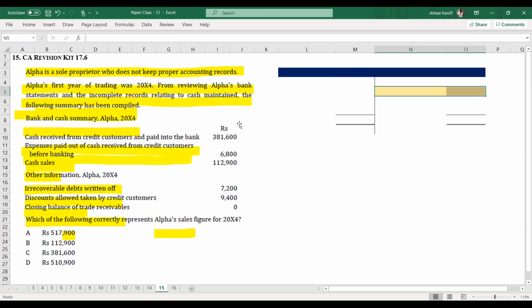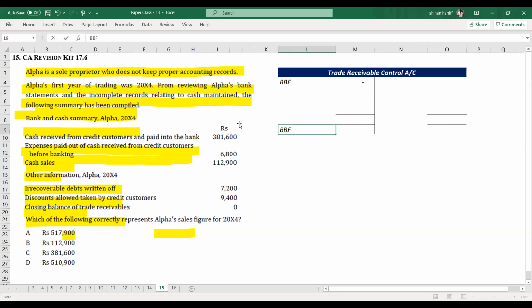Closing balance is given as 0, so there is no closing balance as well. Then we have cash received from the customers, 381,600.